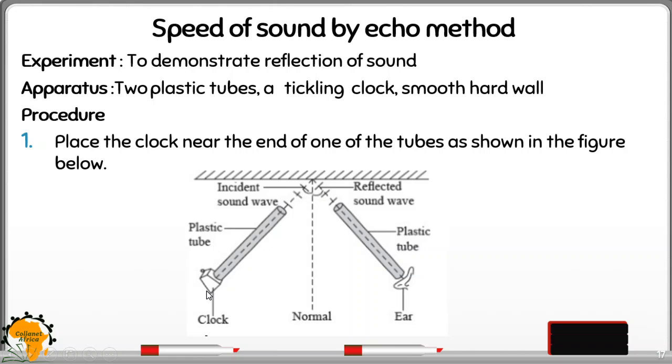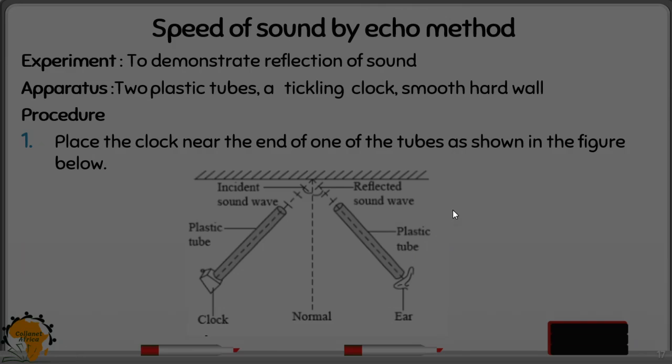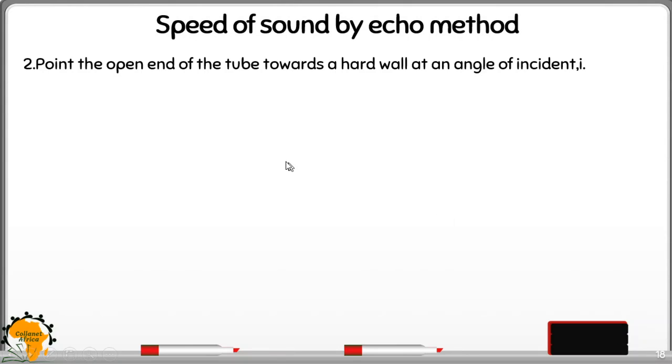Now this one is supposed to produce sound, and you as the viewer are supposed to listen. You are supposed to change the position of this plastic tube until you hear the place where the sound is loudest. Then when you get that point, you are supposed to measure this angle and this angle, and then you can make your conclusion. So we move to procedure number 2.